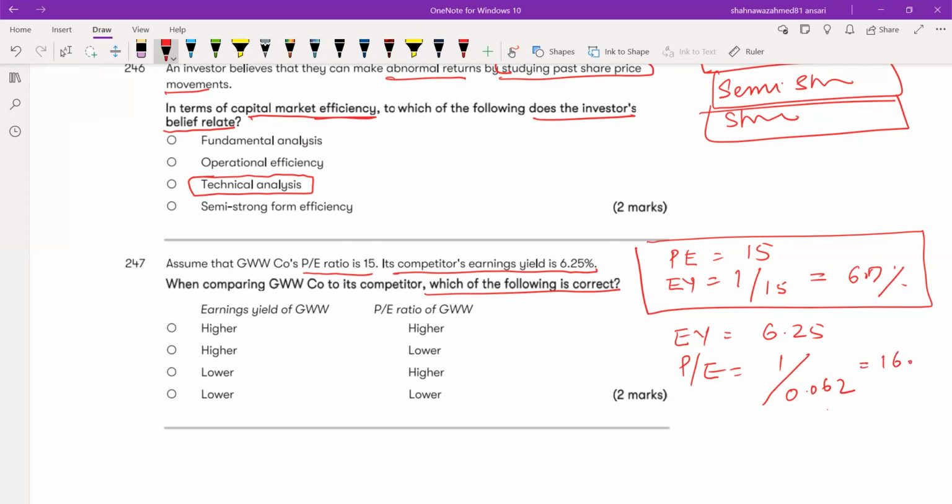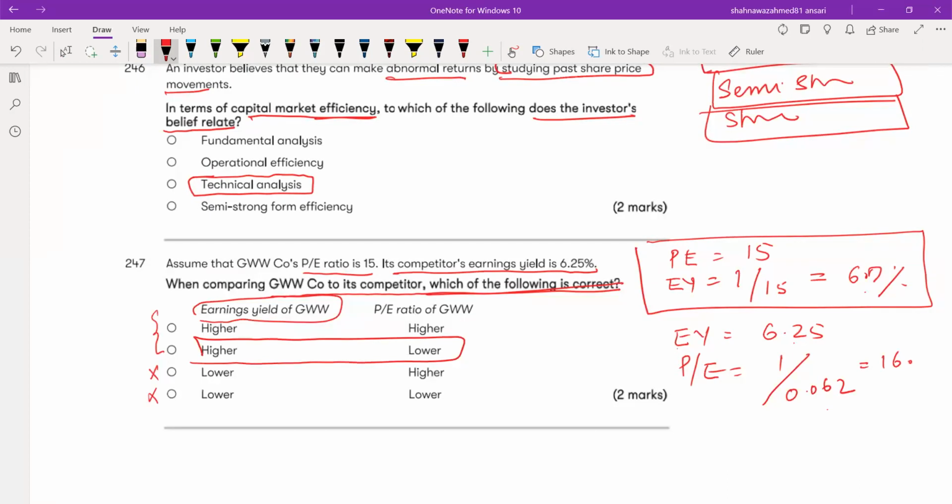Now compare both statements. When comparing GWW to its competitor, which of the following is correct? Earning yield of GWW is 6.7 and the competitor's earning yield is 6.25, so it's higher. And the price to earning ratio of GWW is 15, which is lower. So we have these two options, higher and lower.